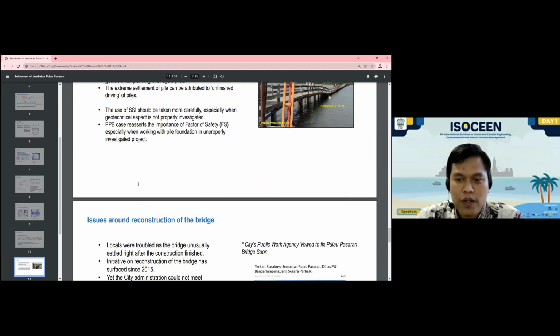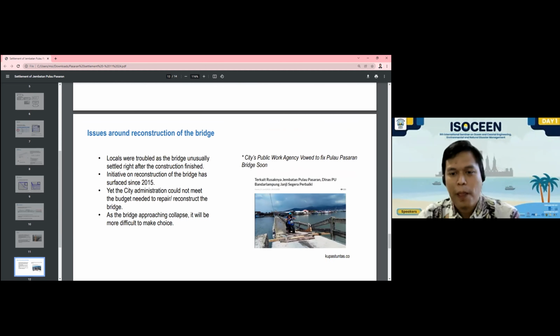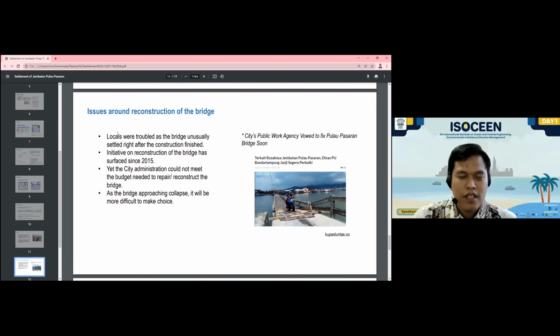And for enrichment of the study, we move to the spatial as well as social aspects of this bridge. Actually, this study has been conducted by many institutions and research bodies, as well as internally at ITERA.